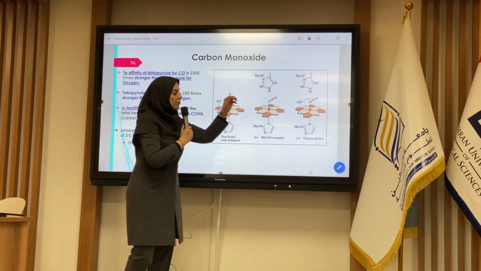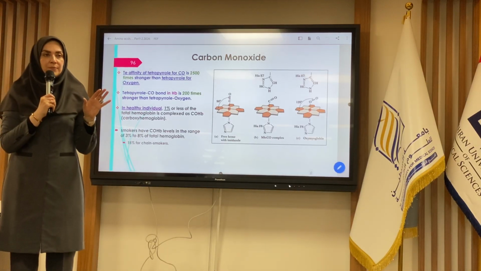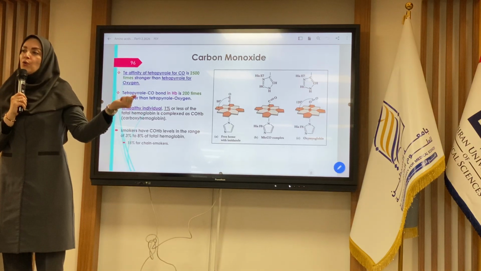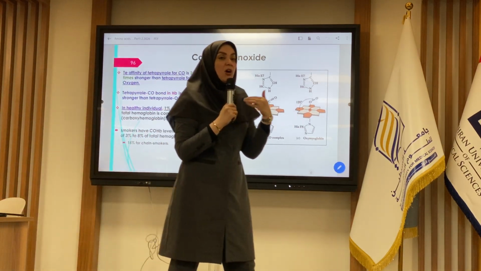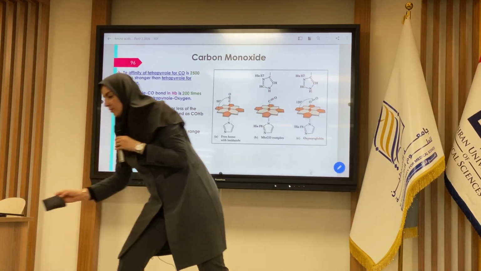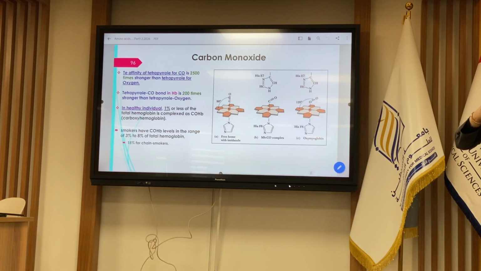About carbon monoxide, it is very toxic, as you know. Just know that carbon monoxide stabilizes the R form. So in an exposure to this toxic gas, your structure would be from this one. If you are exposed to carbon monoxide, CO, please pay attention.